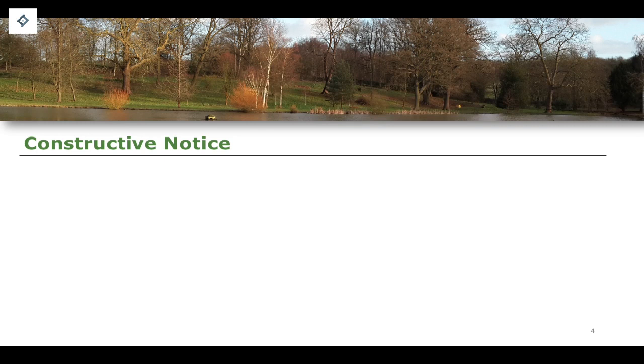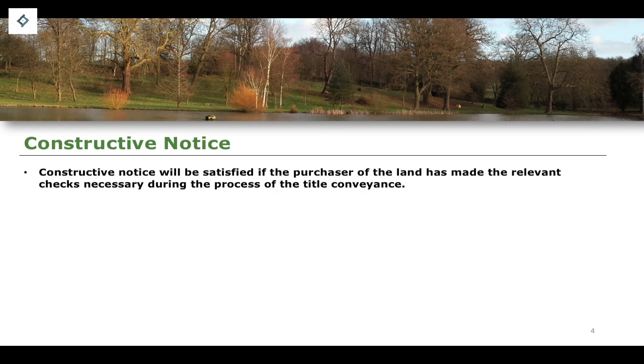So that's what actual notice refers to, as the name may suggest, the actual giving of notice to the individual who may be in the process of conveyancing unregistered title. Constructive notice is a little bit different, because constructive notice will be satisfied if the purchaser of the land has made the relevant checks which are necessary during the process of the title conveyance.